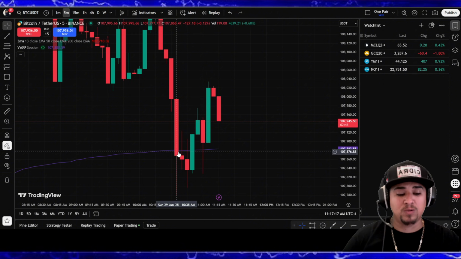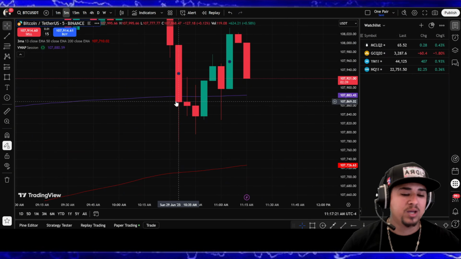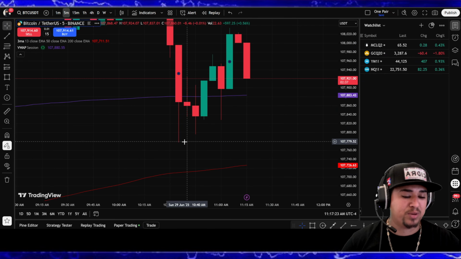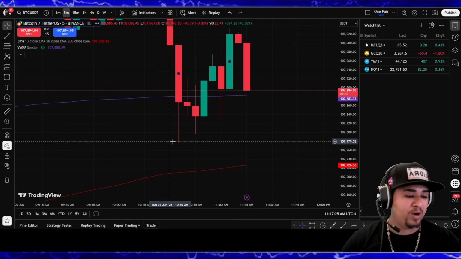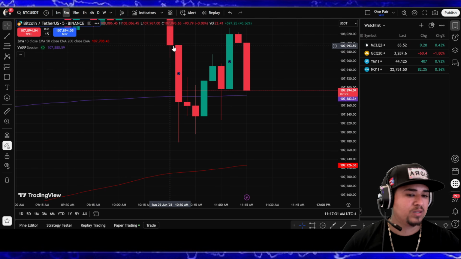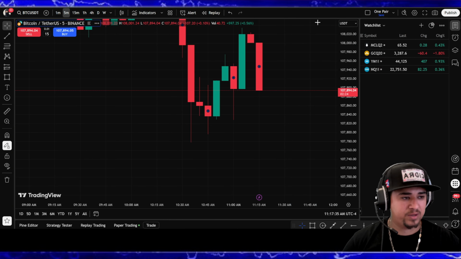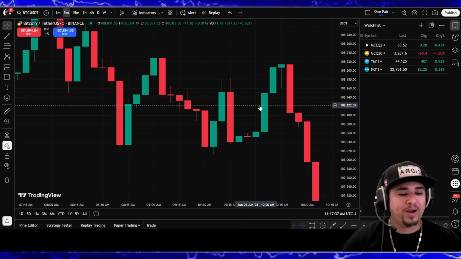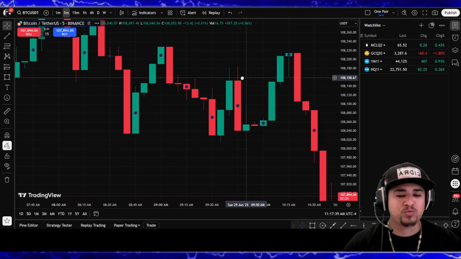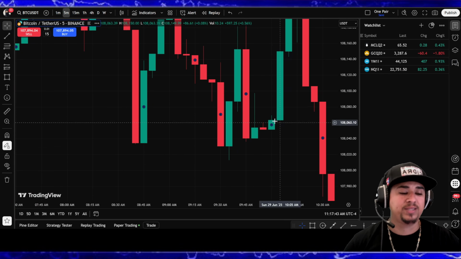But also, I want you to look at other candles and be able to tell what was the lowest price here. The lowest price here was about 107.779. The highest price was the open. Just practice that. Please don't rush the process. Please understand what each candle did.